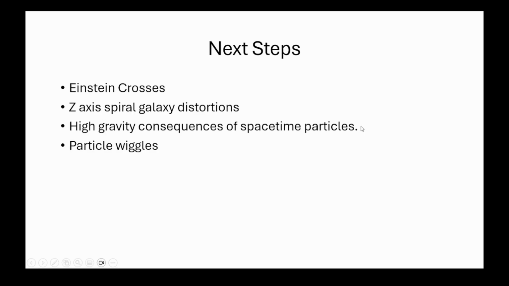I don't know if this is good or bad, but I guess it wasn't surprising. This has to do with the fact that space-time particles assumes more of a symmetric distortion of the medium as mass increases, whereas general relativity assumes that there's only distortions in the radial direction. So I want to dig in and make sure that that's actually real, or at least a thing that we can consider talking about.